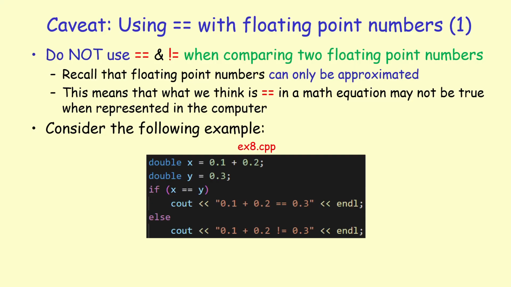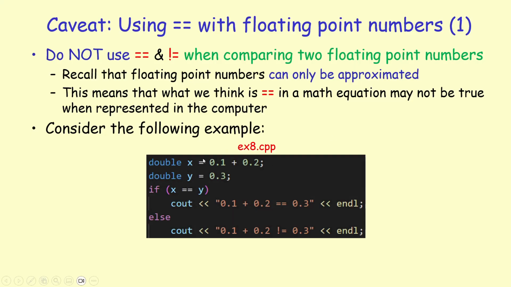For example, consider the following code. We've got a double x is equal to 0.1 plus 0.2, and another variable double y, which is equal to 0.3. And then we have an if expression saying if x is equal to y, print 0.1 plus 0.2 is equal to 0.3. Otherwise, they're not equal to each other.